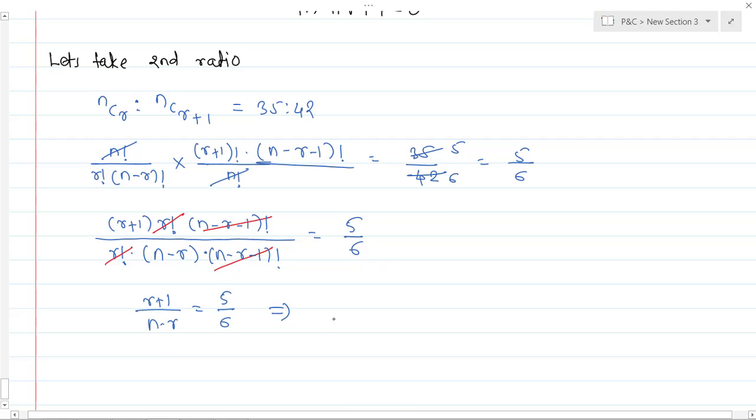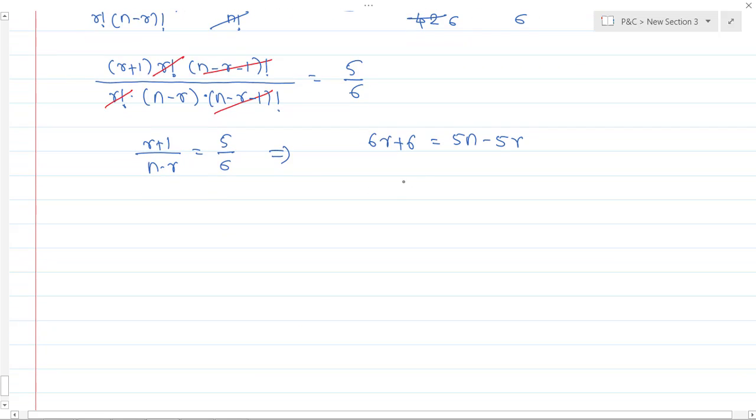So if I solve this, do cross multiplication, so I will get 6r plus 6 equals to 5n minus 5r. It is equals to 5n. So you take this 6r on this side, so I will have minus 11r. Take this 6 on this side, so it is minus 6 equals to 0. So this is our equation number 2.